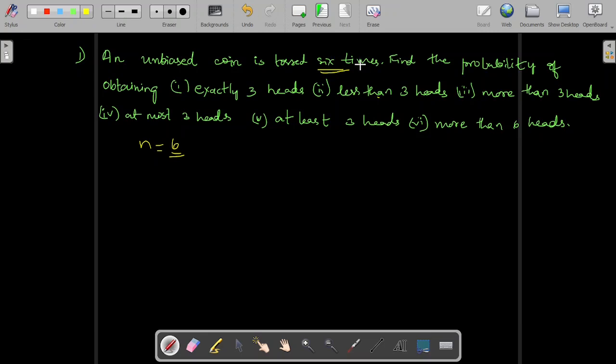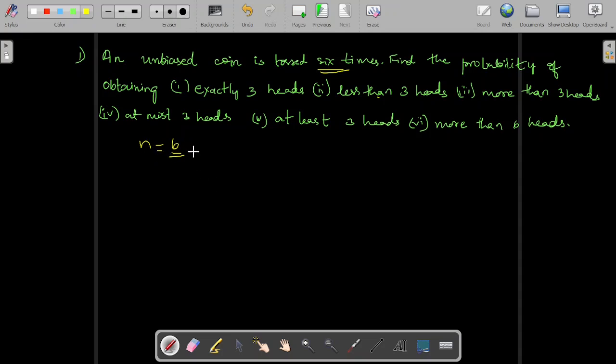Hence these trials are Bernoulli trials and there are more than one trial, hence this comes under binomial distribution. That is the use of binomial distribution. When a coin is tossed 6 times, you can't write the whole sample space. It has 2 to the power 6 elements. But binomial distribution helps you to simplify the work.